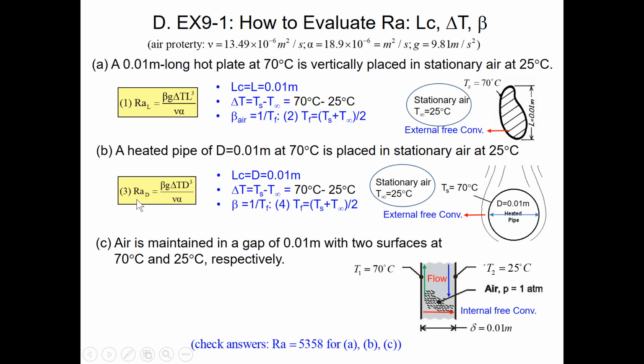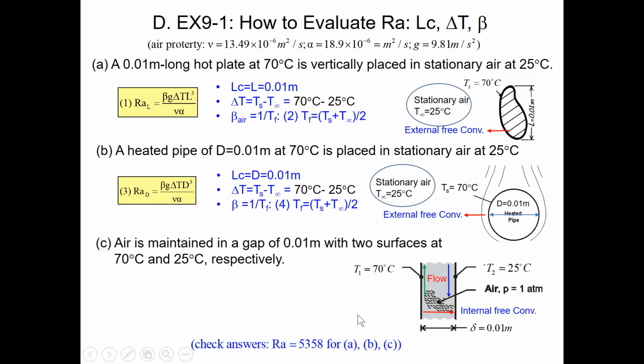Equation 3 defines the Rayleigh number, where Lc is the diameter, delta T is the temperature difference between the pipe surface and moving air. Beta is calculated from the solid surface temperature and air temperature.